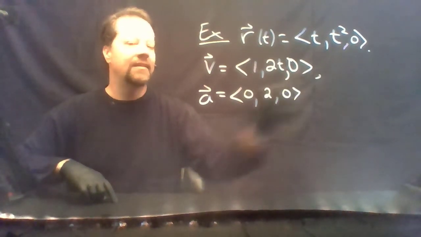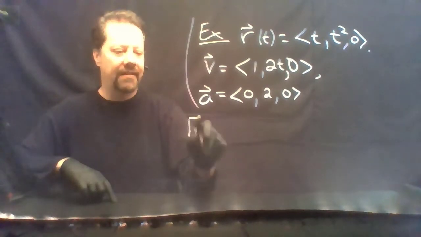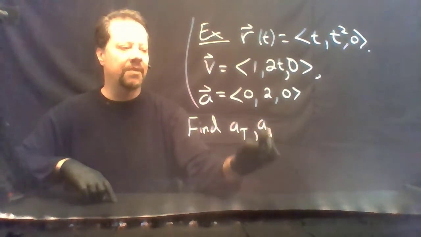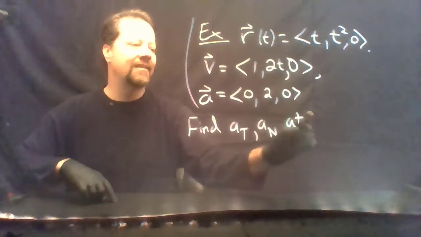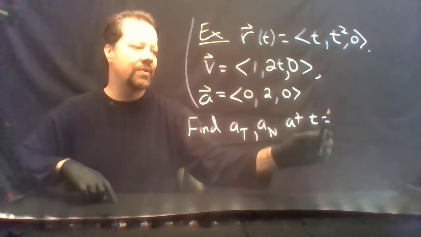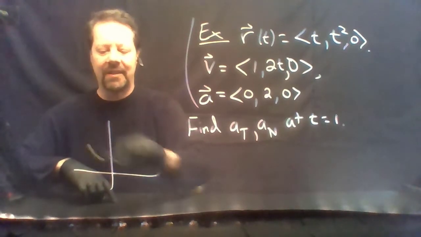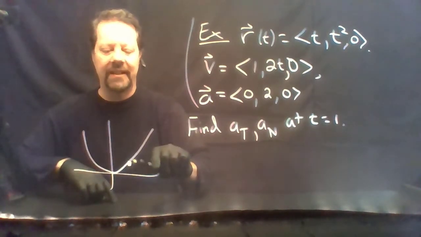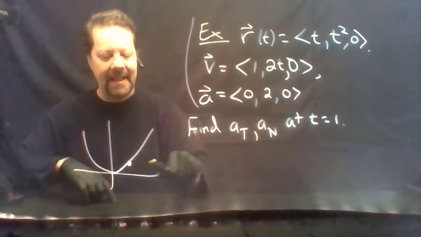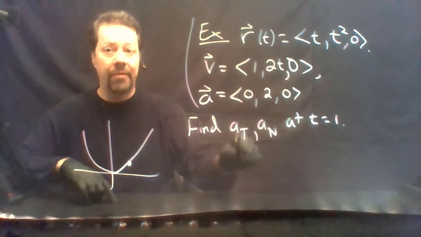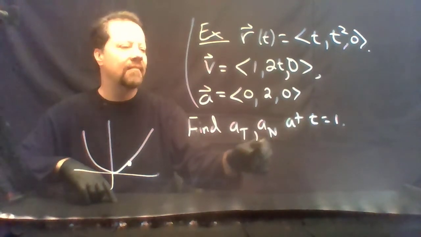Note that I want to find the tangential and normal components of acceleration at t equals 1. So if t equals 1, right here, I want to find the tangential and normal components of acceleration at that point on the curve. Both of those are scalars, recall.